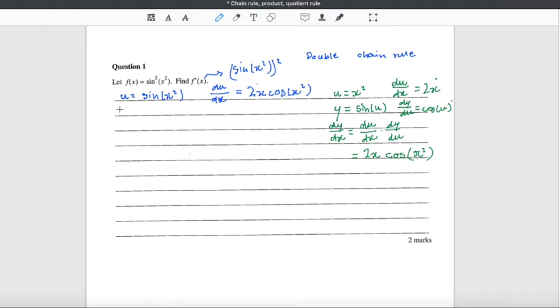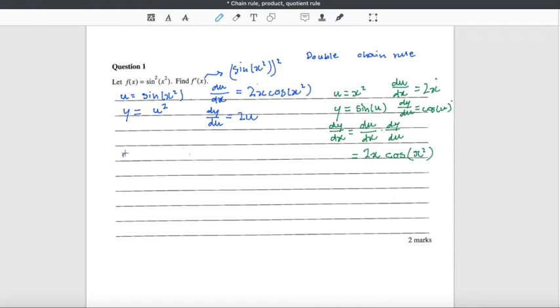All right. Now, let's use the chain rule again. So now we know y is equal to u squared, because u is equal to sine of x squared, and what this function says is that we're squaring that whole thing. So then dy du is equal to 2u.